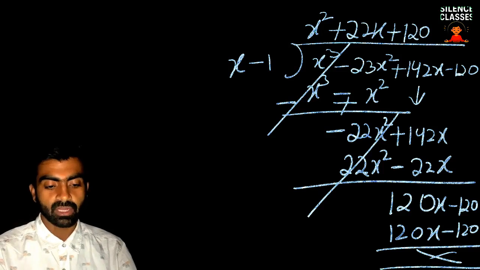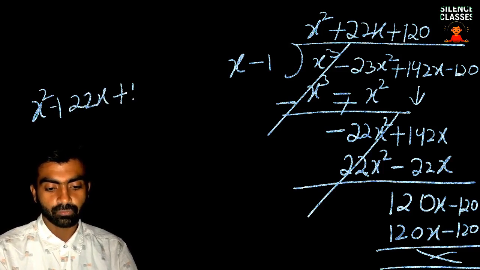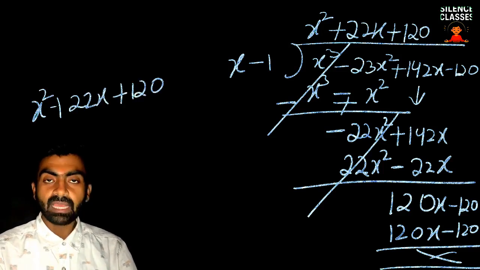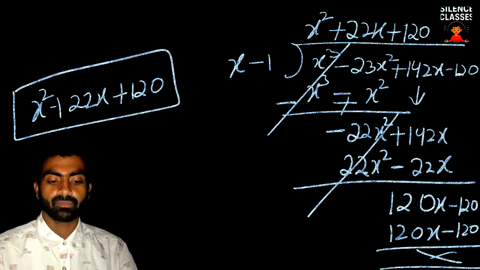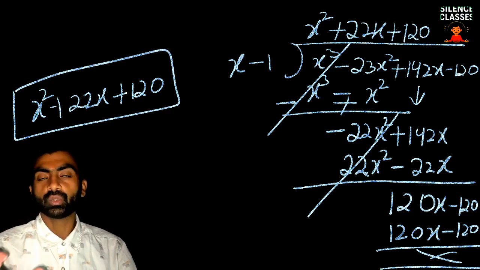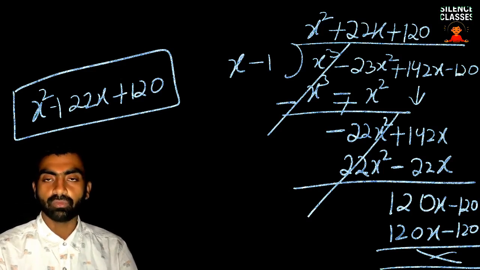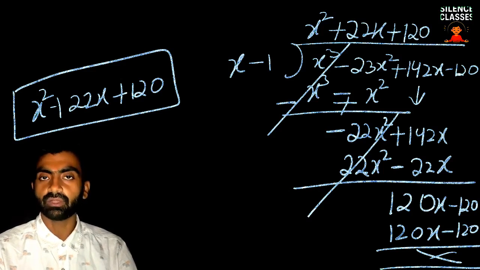So now the equation will become x square plus 22x plus 120. By using the splitting the middle term method, we will get two terms. Okay, so 120 multiplied by 1 will become 120. We will take the prime factors of 120, and by plus minus we have to get 22.